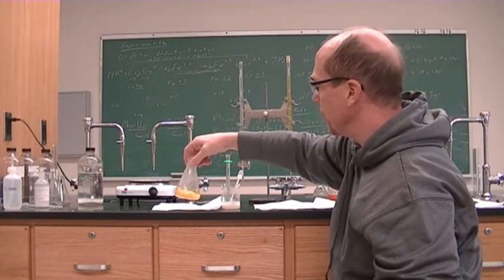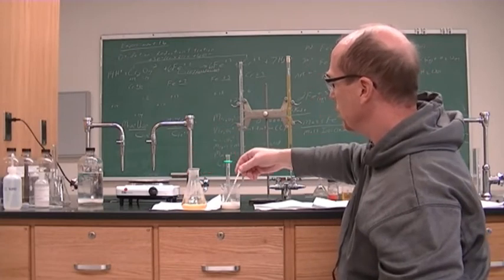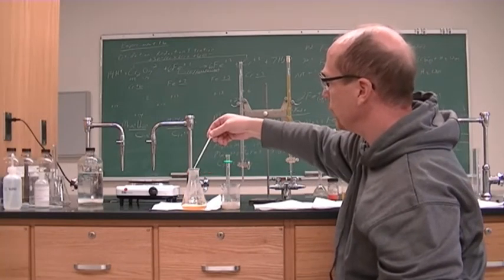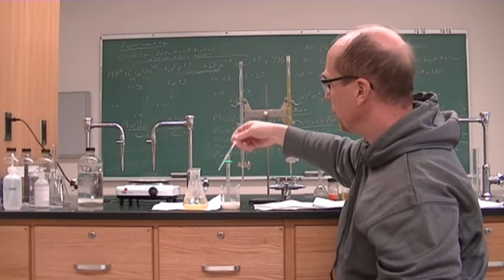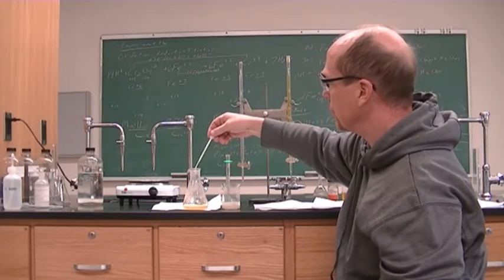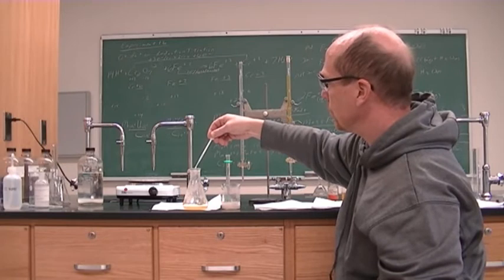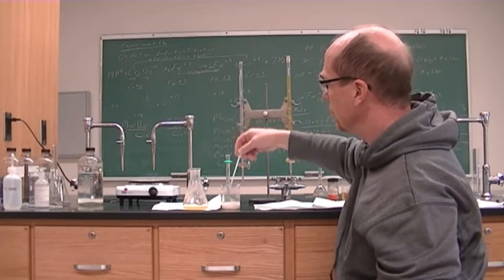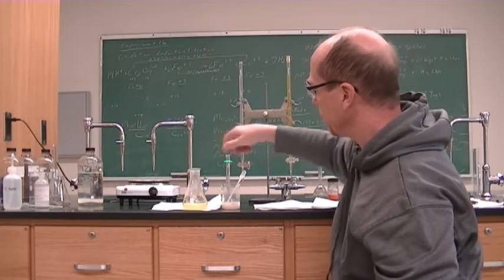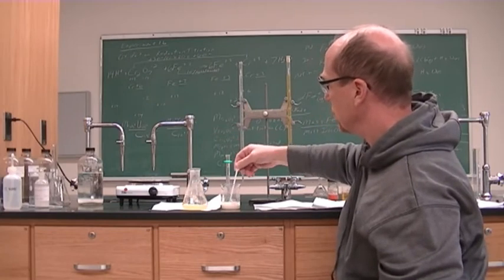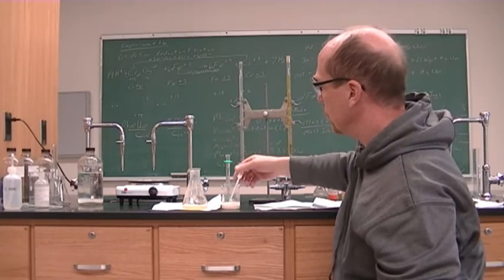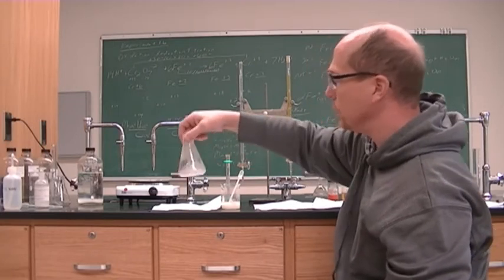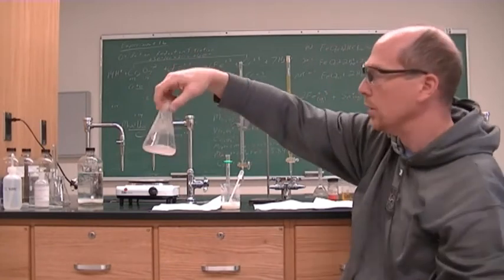So we'll put in a few drops, give it a swirl, put in a few drops, give it a swirl, and again. All right, so now we have a colorless solution.